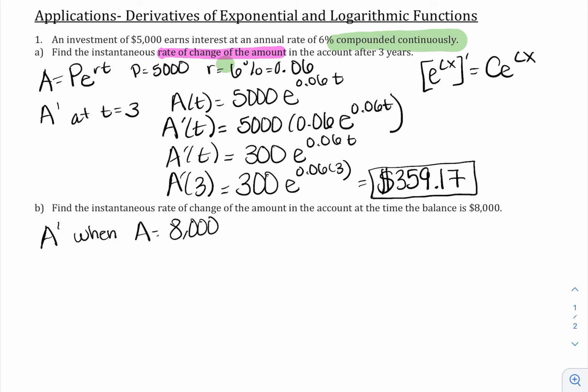And there's actually a really nice little trick for this question, and it comes from when we found the derivative before we multiplied the 5,000 and the 0.06 together. So I'm going to rewrite that part. So before I changed it into a 300, it looked like this.